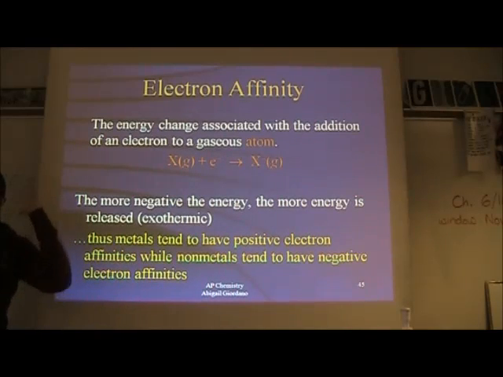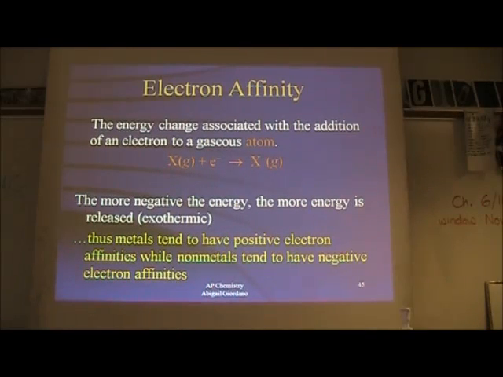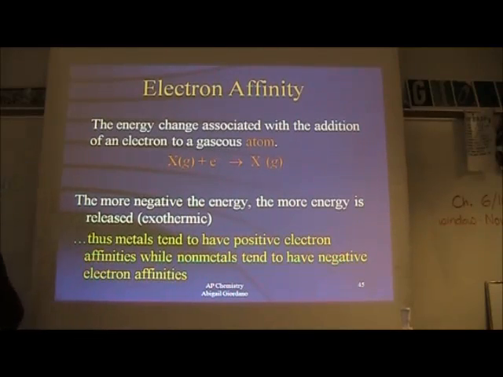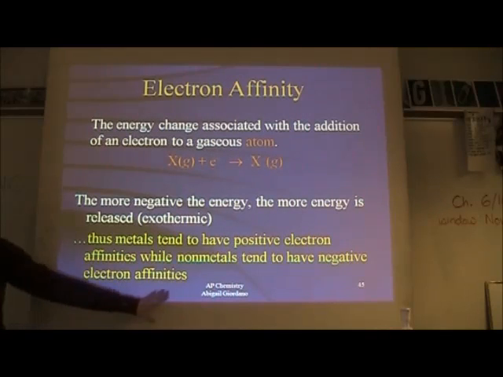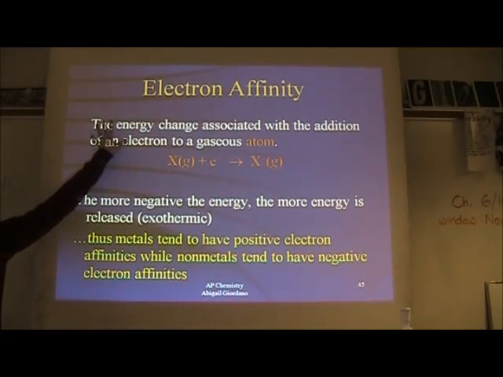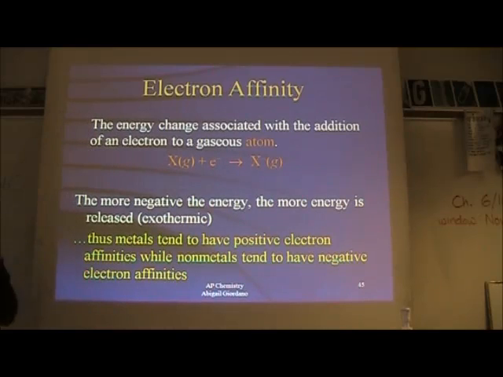They really like to take on one more electron, whereas metals don't want to do that. All they want to do is get rid of their electrons. That's why metals form positive ions and non-metals form negative ions. But again, are you going to see a lot of questions on this? No. I just wanted you to know what the term means.